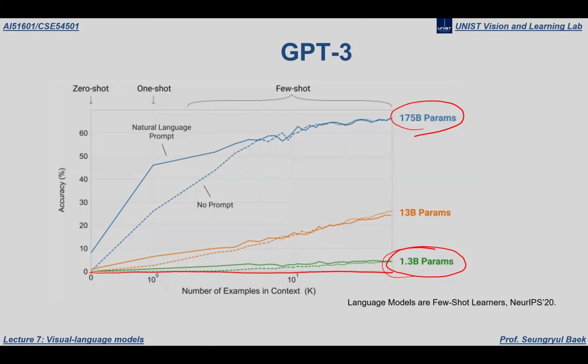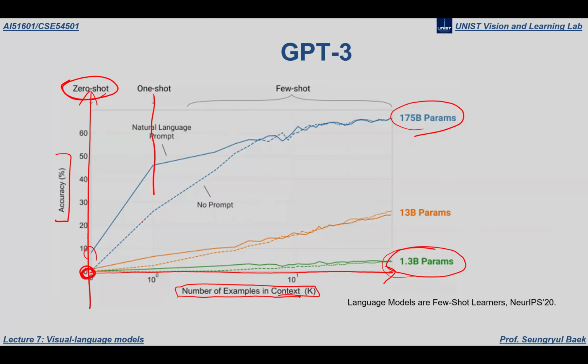The x-axis denotes the number of training examples, and the y-axis denotes the testing accuracy. When the x-axis is 0, that means a zero-shot task: we give no training images for the task, but measure the testing accuracy.